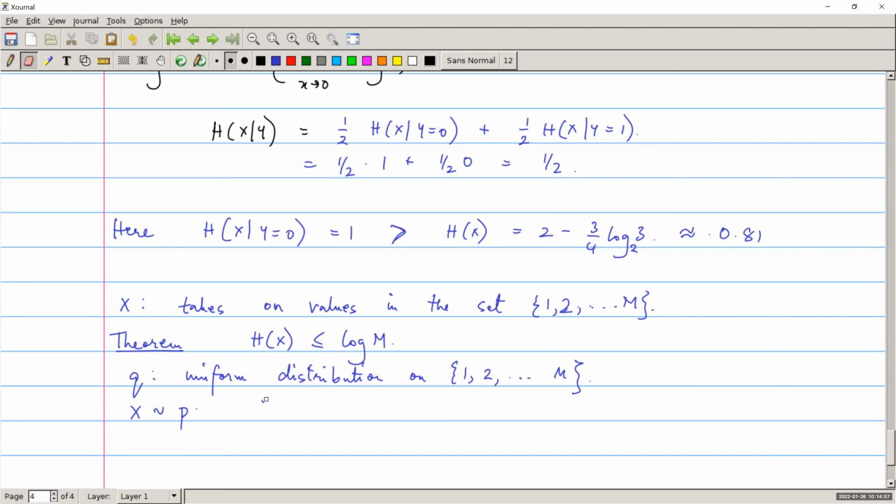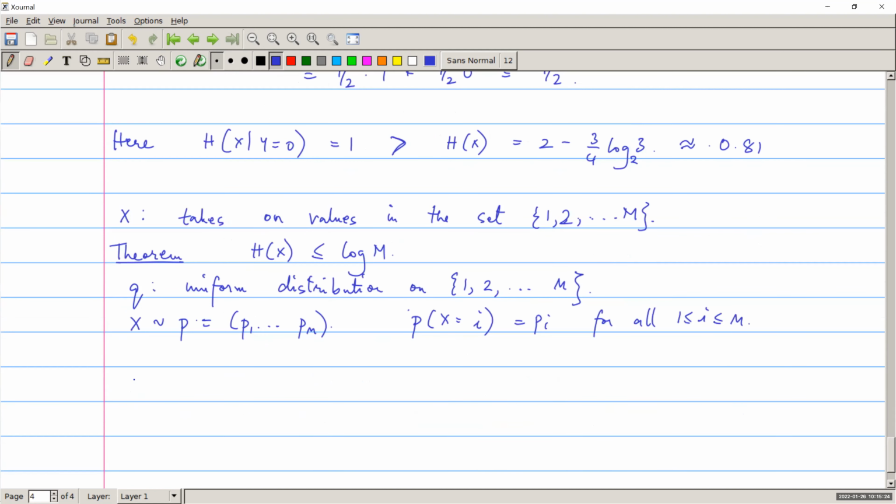So let us say that p is a distribution, so it gives each of 1 through n some probability, and we'll call this p1 through pn. So this means that the probability x equals i is pi, for all numbers 1 through n. Now what is the KL divergence between p and q?